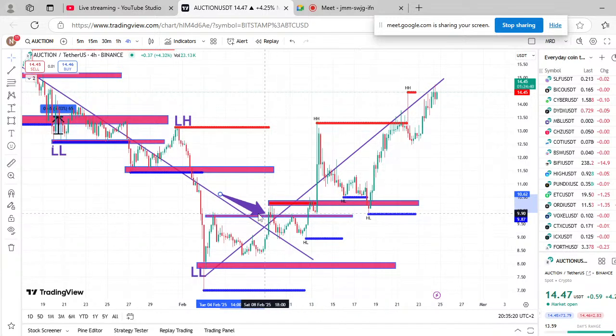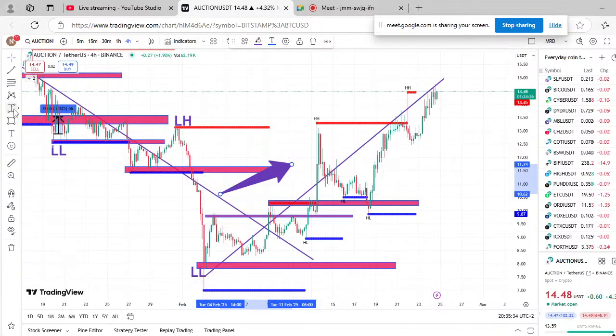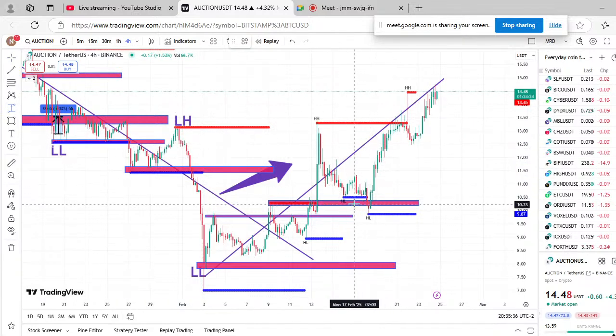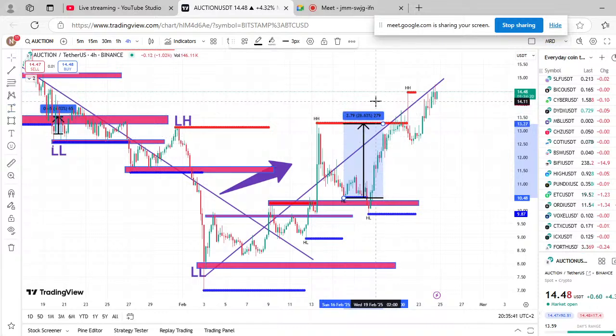By using the lines, I'm talking about the trend lines and support and resistance, your entry could be at this point. But all in all, the take profit was to be on the previous high, which was at 26%.